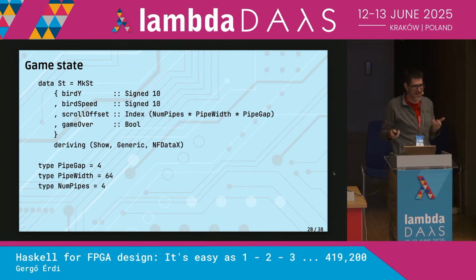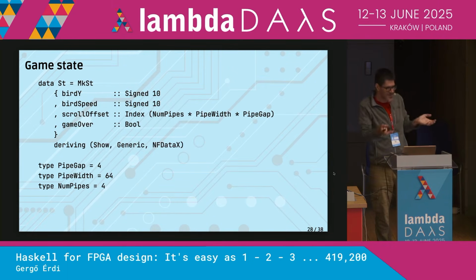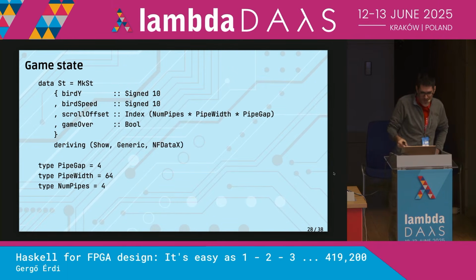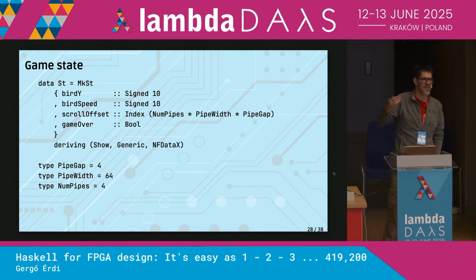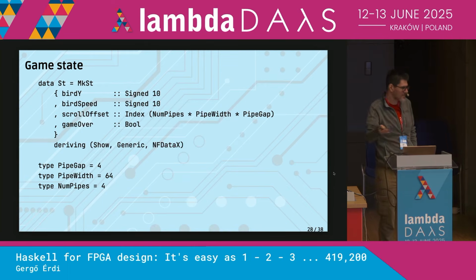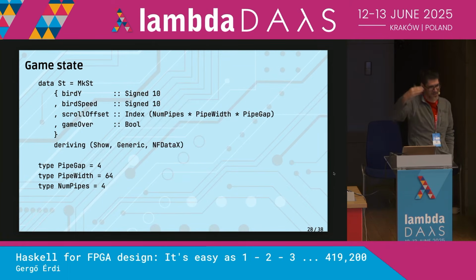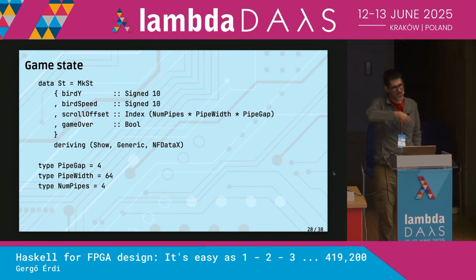You don't need to do that, unlike in software where the processor has certain sized operations and that's all you get. And by using this index type, just like we've seen in the counter, the type can drive the behavior. So an index 800 is different in semantics than an index 1000, even though both use 10 bits, right? Because if you add 1 to 799, you get 0, or you get 800.